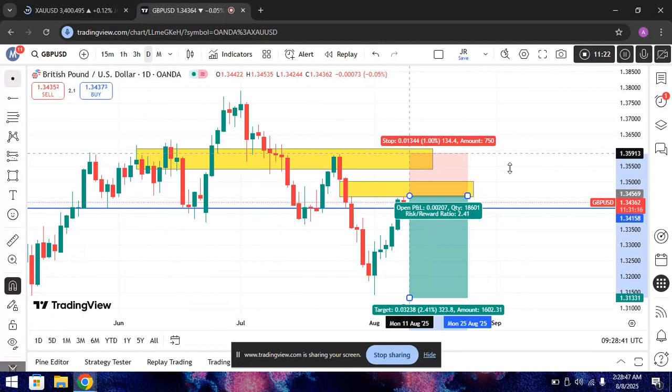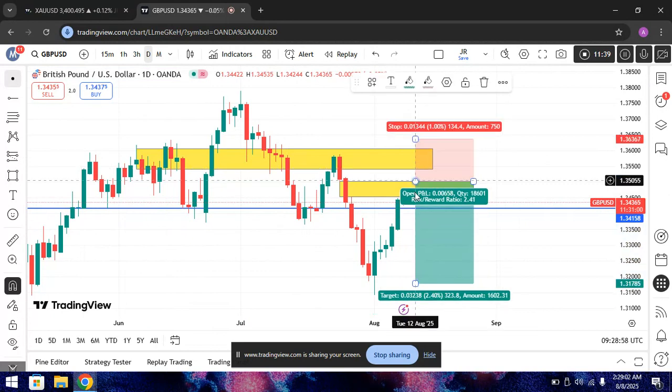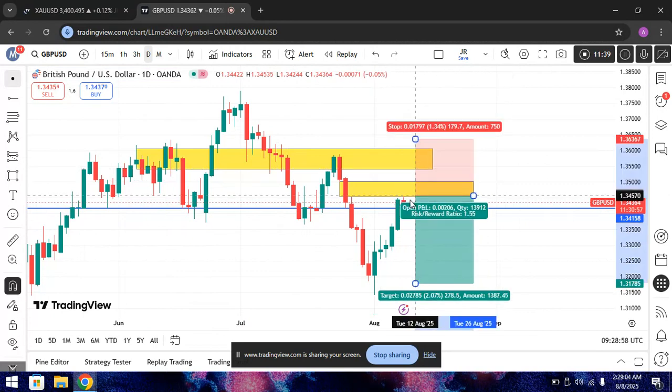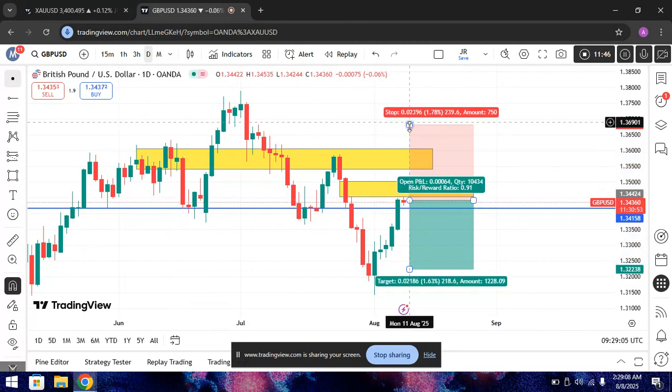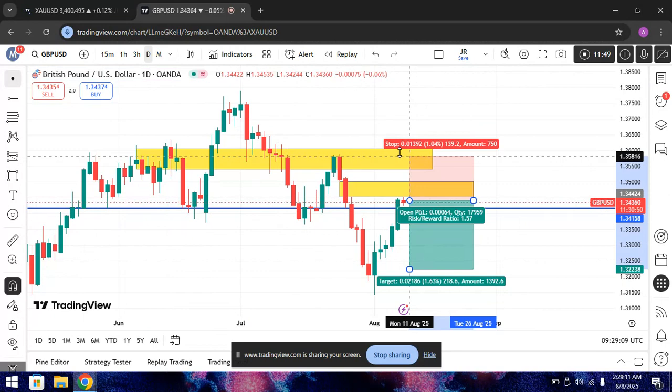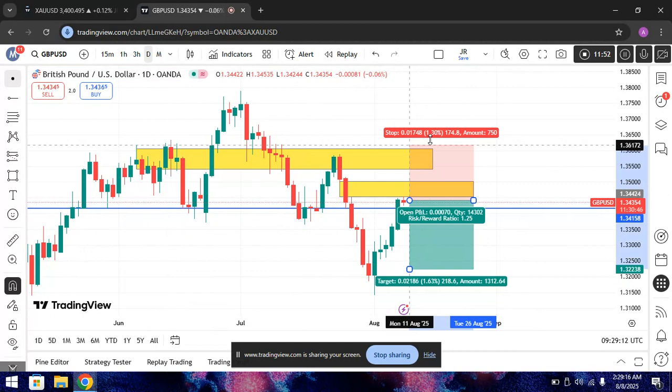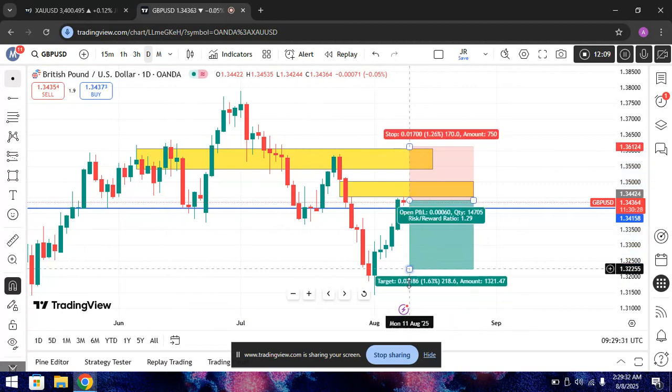Alright guys, the crazy thing is when you are trying to do this, let me just get this tool here and drop. From there, I would get a 1:2 risk reward ratio.